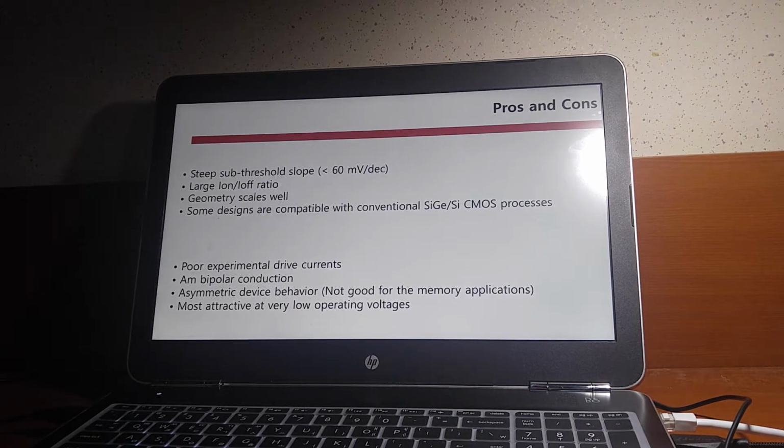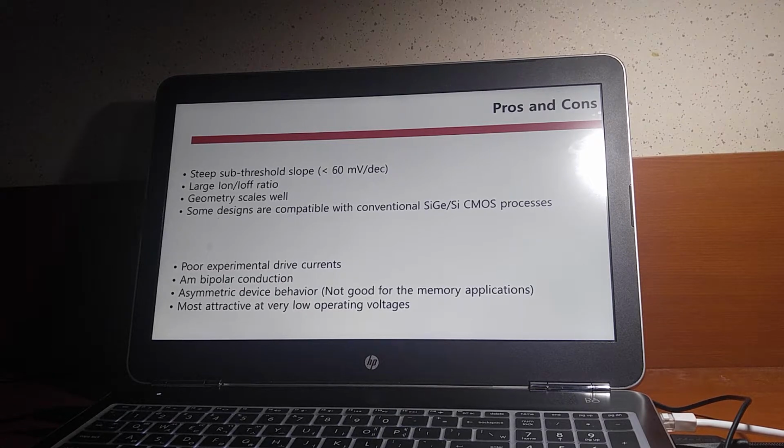And for last, there are advantages and disadvantages of using tunneling FETs. The advantages of the TFET are that it has a steep subthreshold slope, lower than 60 mV per decade. As you know, 60 mV per decade is the Boltzmann limit.